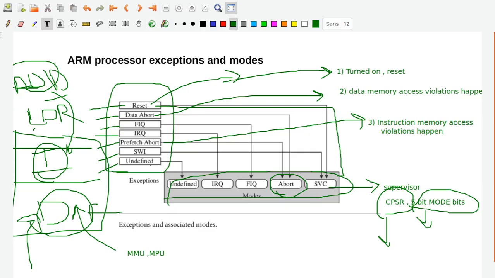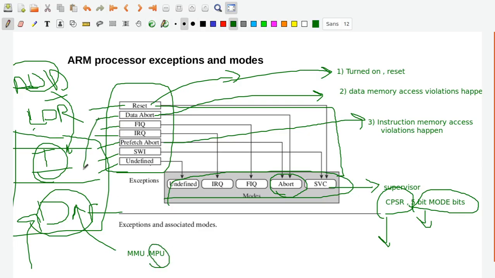Instruction memory means whenever you want to fetch a certain instruction, this is with respect to prefetch. Whenever you try to fetch some instruction, if that instruction fetch is not allowed, it is similar to this one.